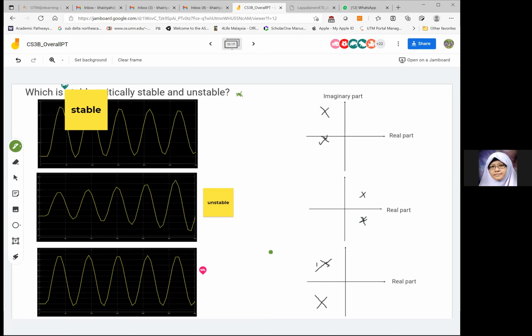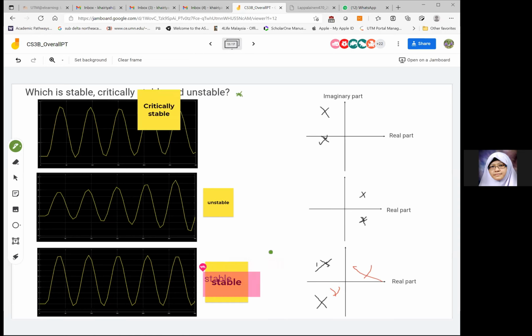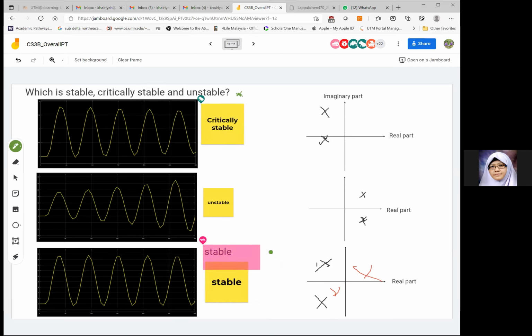Label it as stable, critically stable, or unstable. Which one is critically stable? Which one is stable? Which one is unstable?